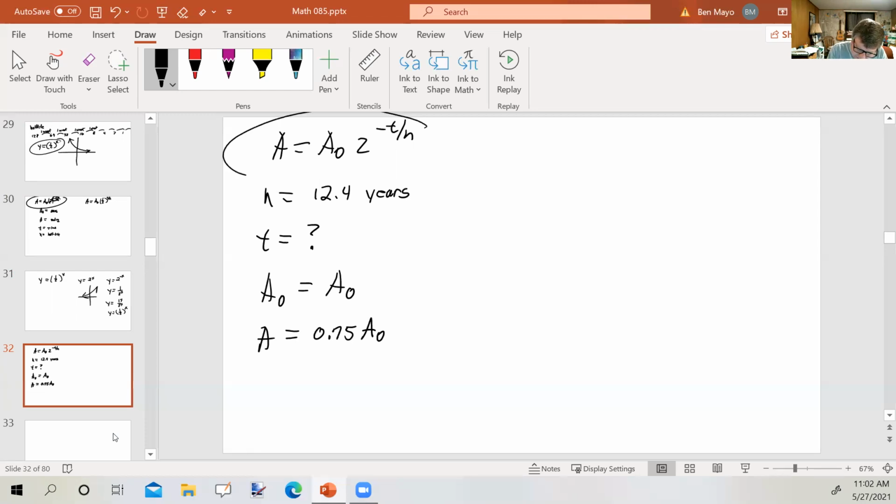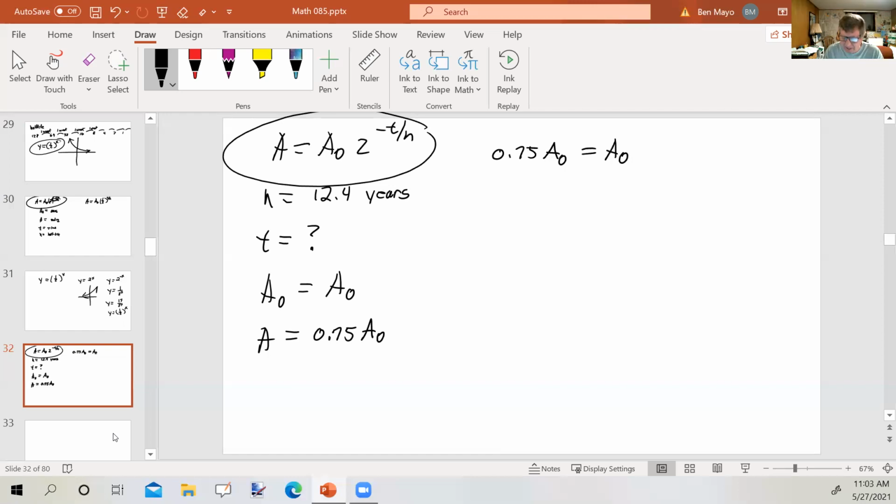So using this formula, we're going to put 0.75 a sub 0 in the place of a. A sub 0 stays as a sub 0 times 2 to the negative t over 12.4 power. Now we're trying to solve for t. T is in an exponent, so we're going to need to change this into a logarithmic equation.